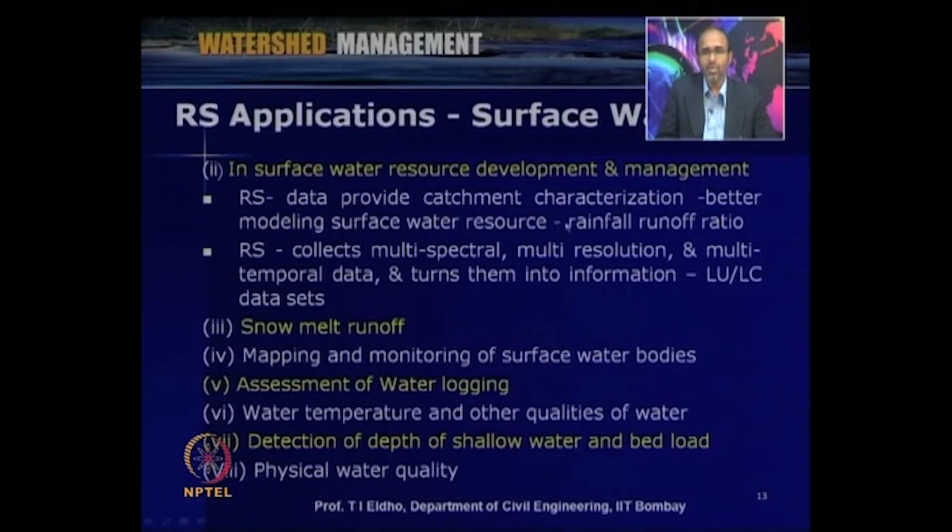Then, in surface water resource development and management, remote sensing data provides catchment characterization and better modeling of surface water resources, like rainfall to runoff. We need to identify, for a given rainfall, how much the runoff will be. Whether we use distributed models or lumped models, we can utilize this remote sensing data in various ways, say for hydraulic modeling, to identify how much the runoff will be for the given rainfall condition.